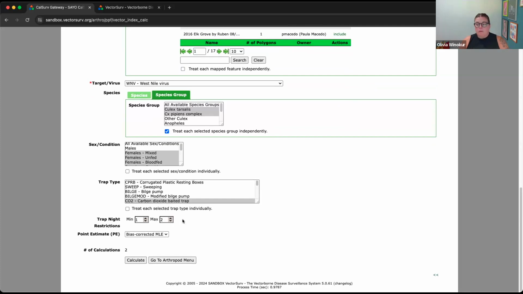So we might want to exclude those traps that had high trap night numbers. Again, that's up to you and what works for your agency.